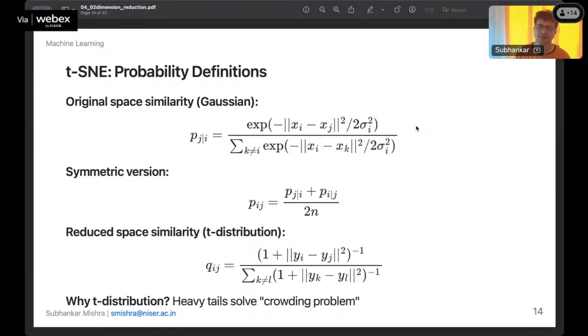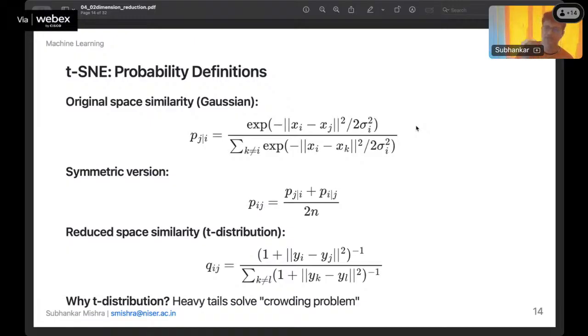The Gaussian goes down to zero, but the t distribution does not reach zero. That allows even points that are very far away not to have value zero. So it has some value.